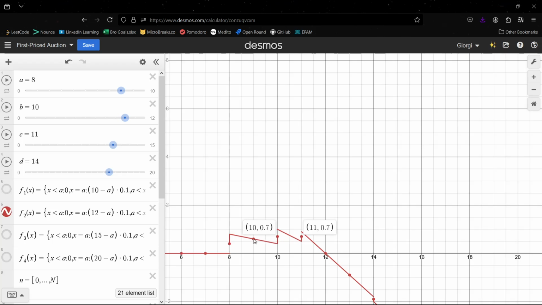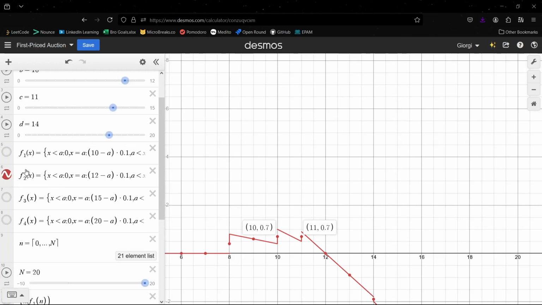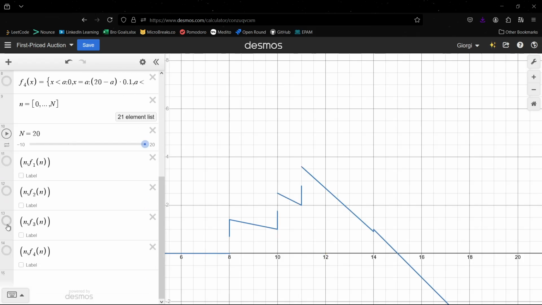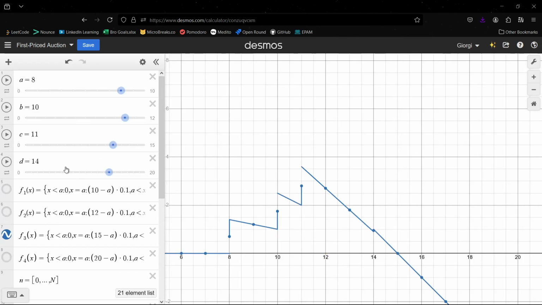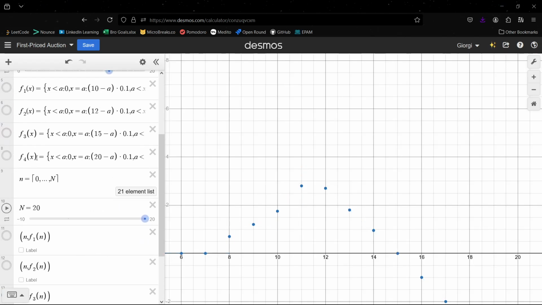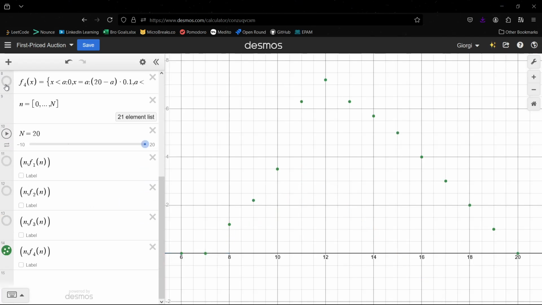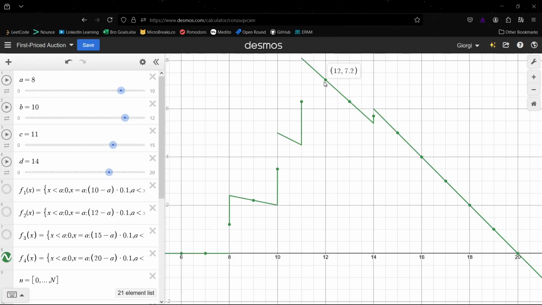Okay, maybe this will work. A8, B10, then let's try it. C11 now works. Okay. And what about D14?